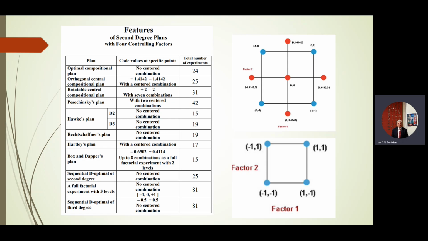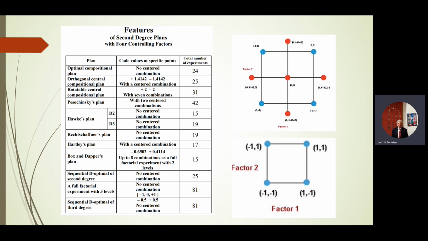The table contains information on plans with a suggested minimal number of experiments. One of them is Box and Behnken's plan. It is statistically derived and coded values 0.6502 and plus 1.4114 are suggested in its derivation.